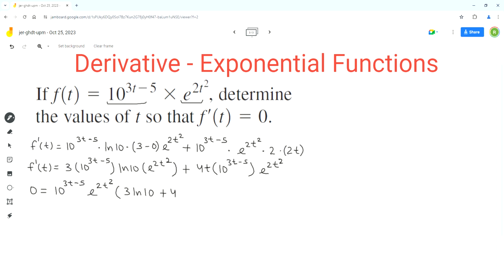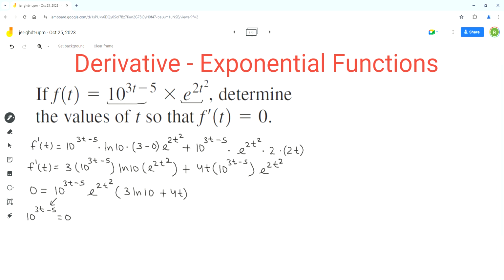Now we can solve this equation by analyzing the cases. So the first case is, we cannot have any t value that will make this term equal to 0 because in this term t is in the exponent.